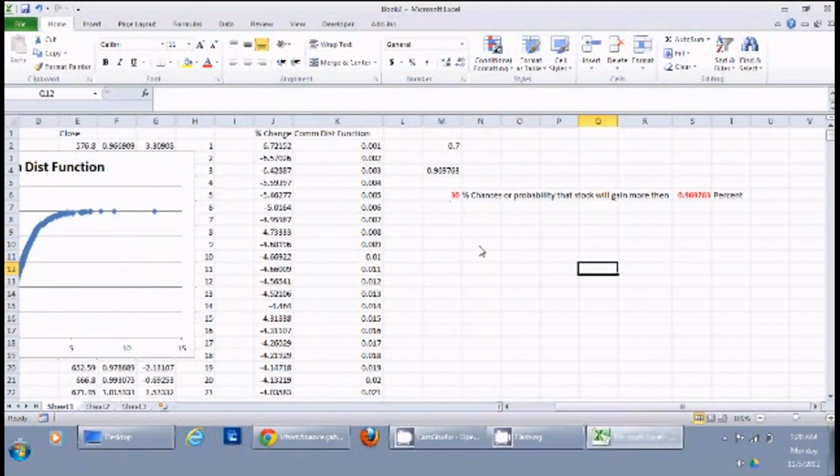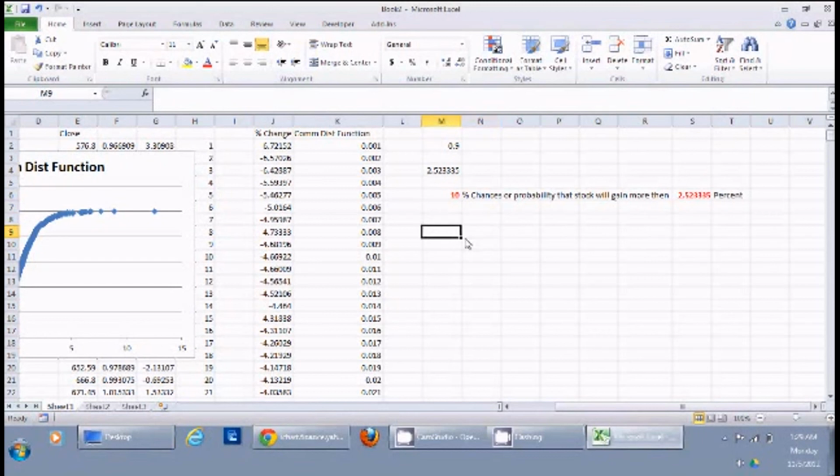And if I say 10%, then there is a probability that it will gain 2.523%. So the chances are only 10%.